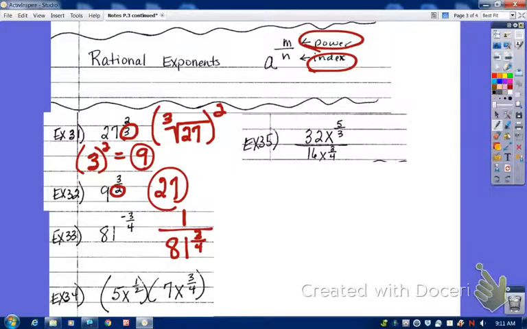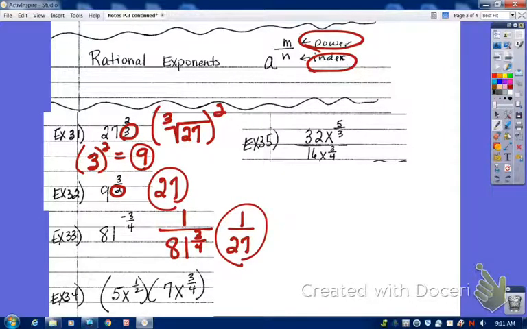Now what's the index, the 3 or the 4? 4 is the index. So see if we can do this in our head. The 4th root of 81, use your chart. The 4th root of 81 is 3, and 3 raised to the 3rd power is 27. So the answer to this one is 1 over 27.